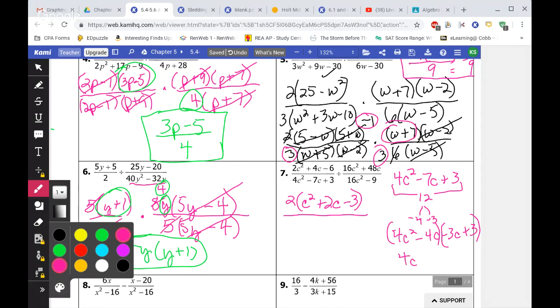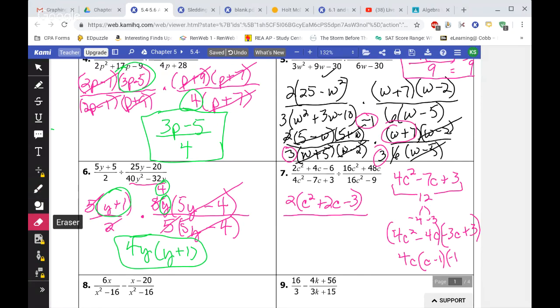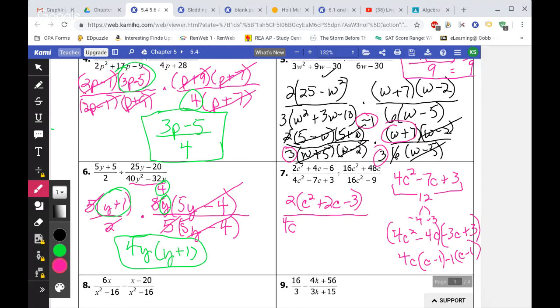I can factor out a 4c. Factor out a negative 1. Whoops. So my factors are 4c, hang on, I'm just looking at something real quick. Oh, I'm sorry. This is supposed to be a 3.